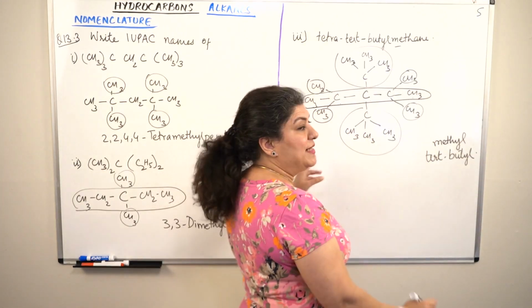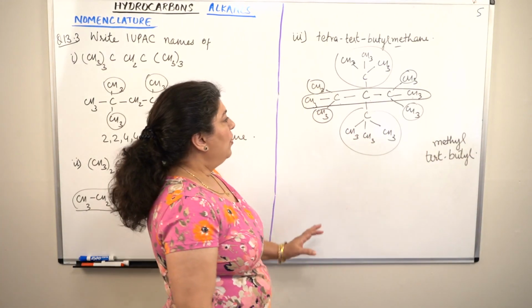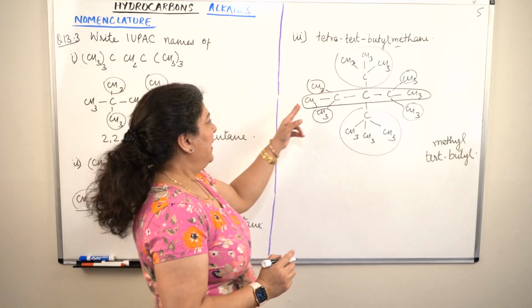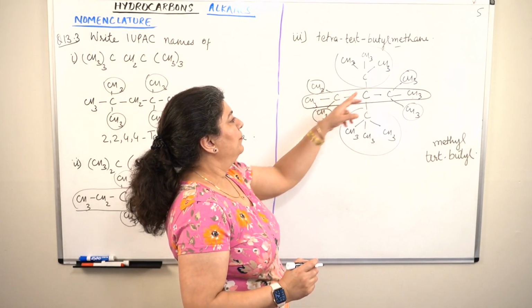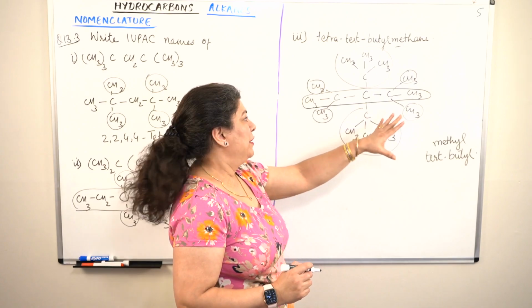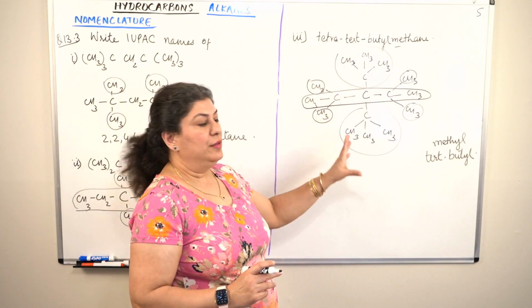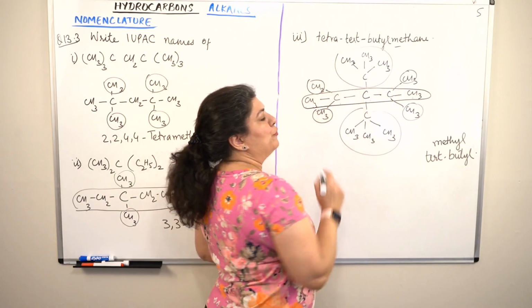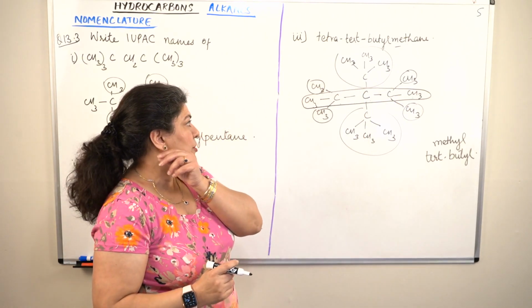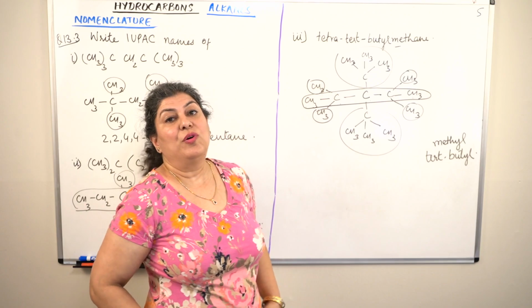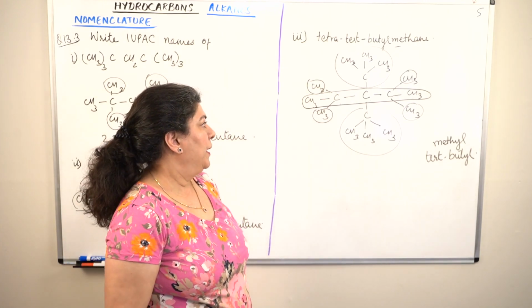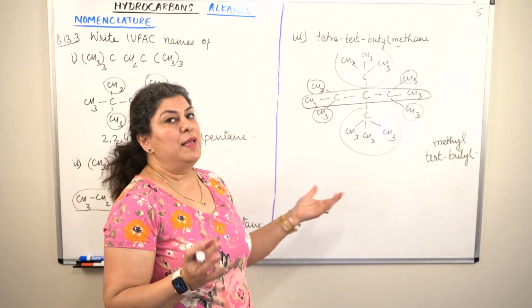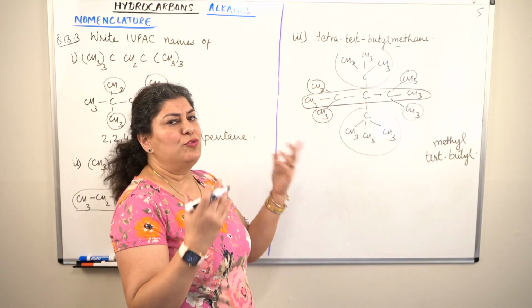And my parent is pentane. Now about the locants. If I count from this side, I get 2, 2, 4, 4 for methyl groups and 3, 3 for the tertiary butyl group. Even if I count from this direction, I get 2, 2, 4, 4 for the methyl groups and 3, 3 for the tertiary butyl group. So I'll get the same locants either way, so I can count from any direction.